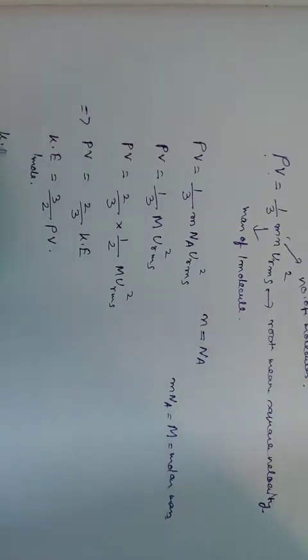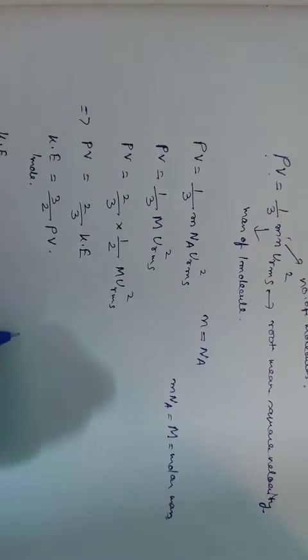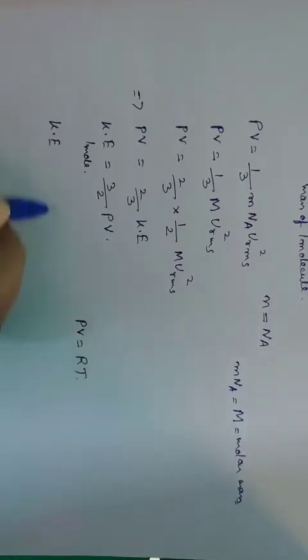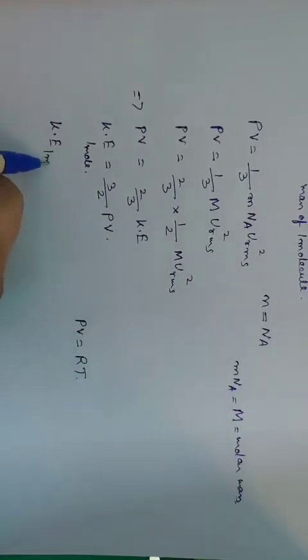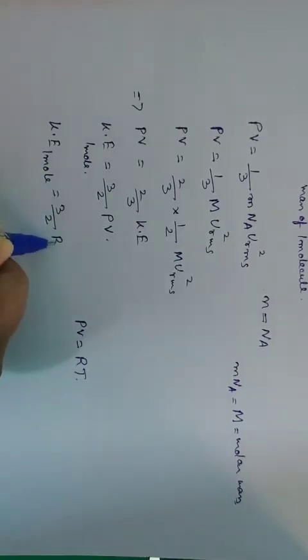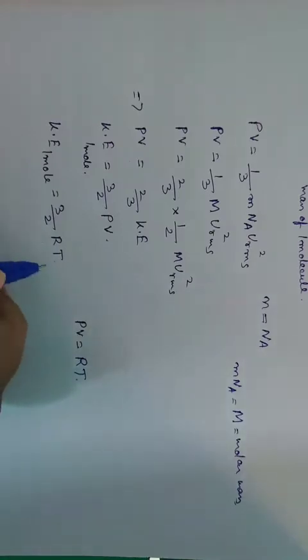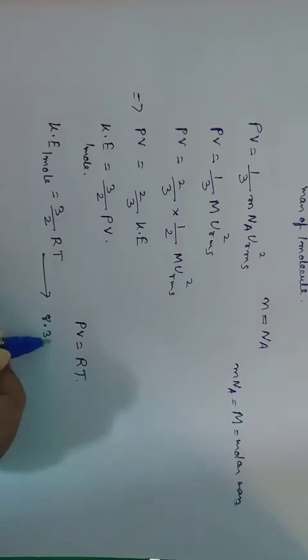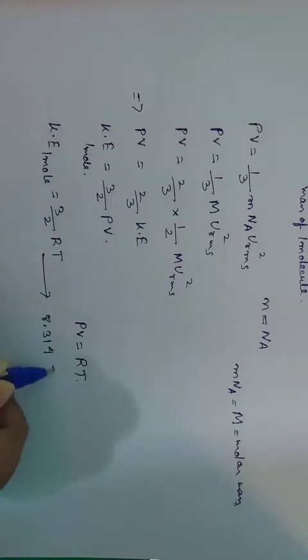Now for 1 mole we know that PV equal to RT. So we can write kinetic energy for 1 mole equal to 3 by 2 RT. Here R is the gas constant, and its value is 8.314 joule per mole Kelvin.